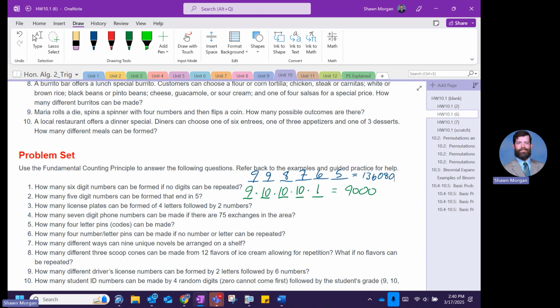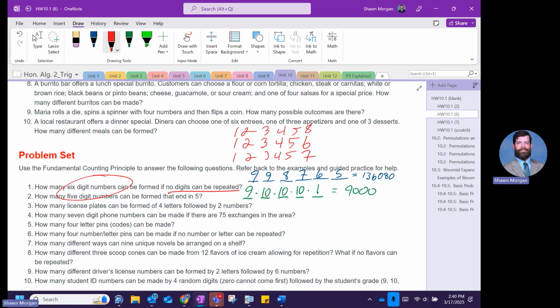Second thing I want you to key in on is that these blue and green examples are not the actual numbers we're talking about. What we're talking about is how many options. So if I wanted to write in red an example of a 6-digit number with no repeats: 1, 2, 3, 4, 5, 6, or 1, 2, 3, 4, 5, 7, or 1, 2, 3, 4, 5, 8.